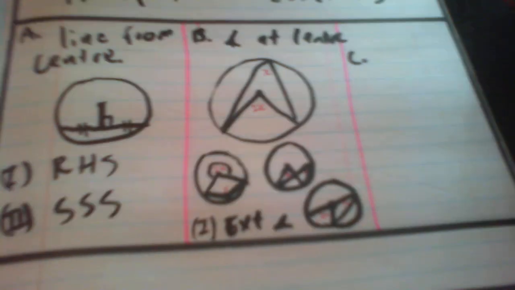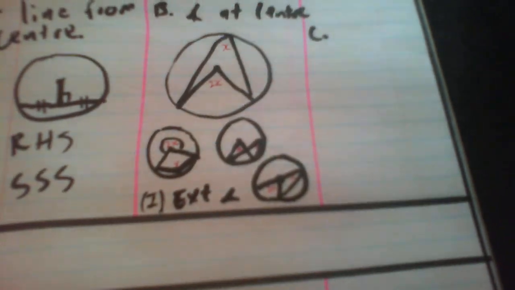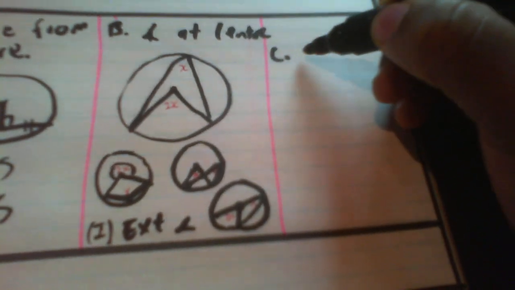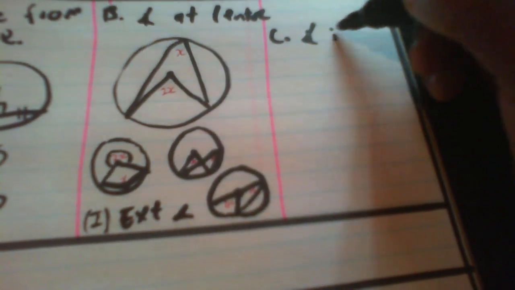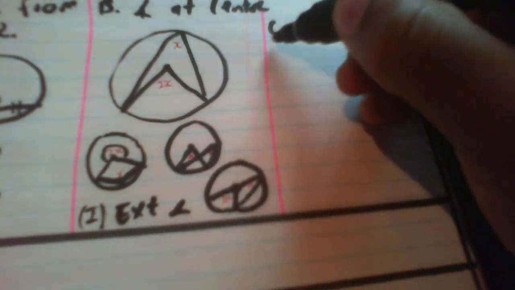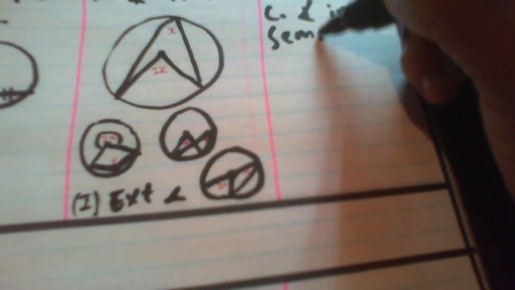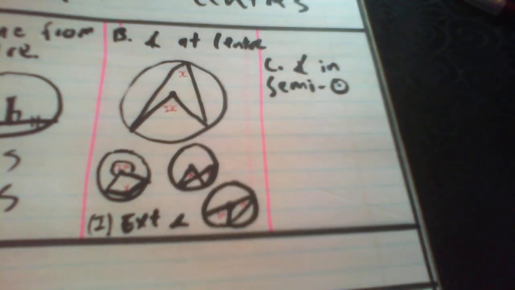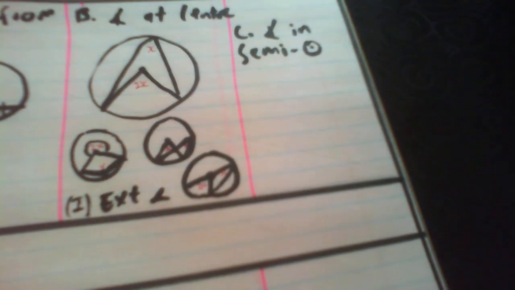The third theorem in terms of the centers is now going to be angle in a semicircle. Angle in half a circle.